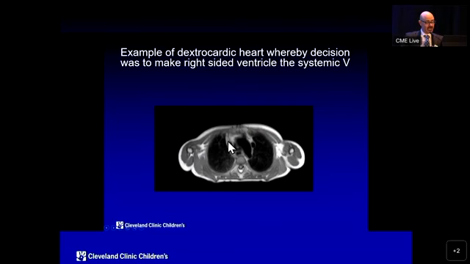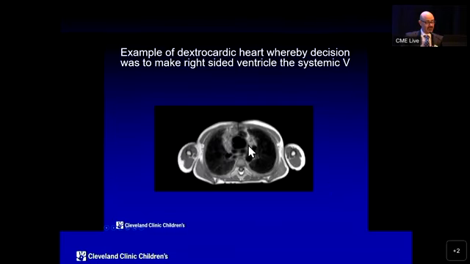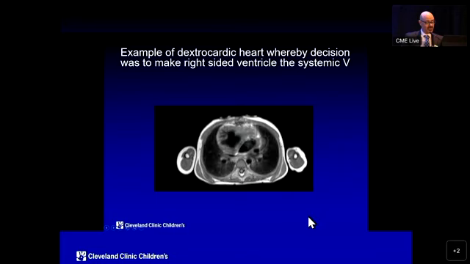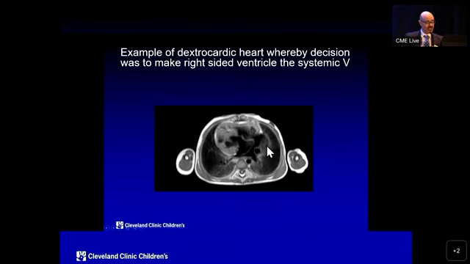So we start at the top, we have bilateral SVCs, and as we go down, let's focus on the left SVC mostly, and we see that the left SVC drains to a roofed coronary sinus. The pulmonary veins drain to the middle of the atrium, and there was a very unusual atrial septal configuration that had different directions here, and the pulmonary veins, as a result of this weird atrial septation, drain to the left side of the atrium with some restriction between the coronary sinus and the atrial septum.